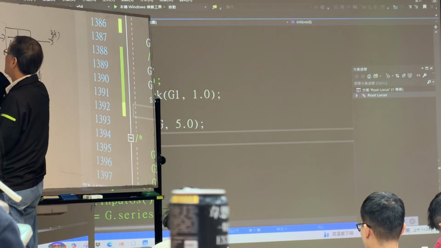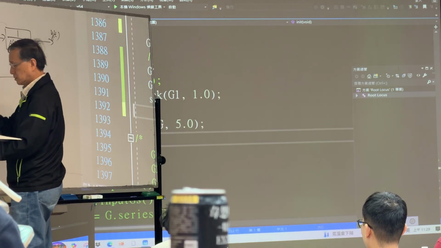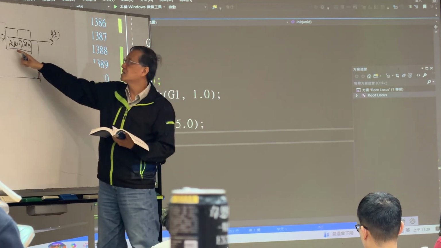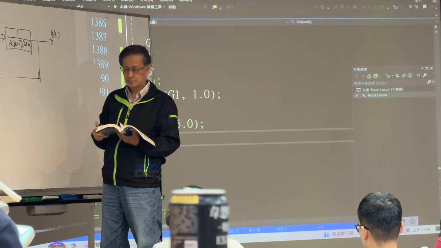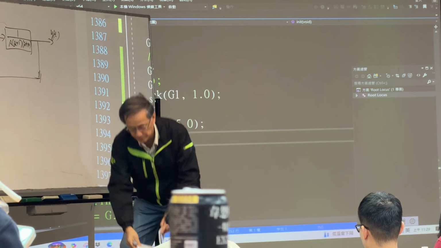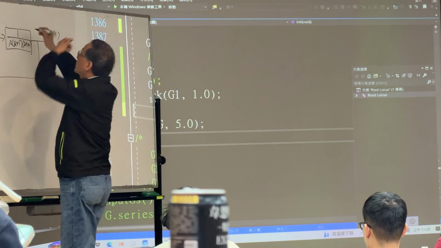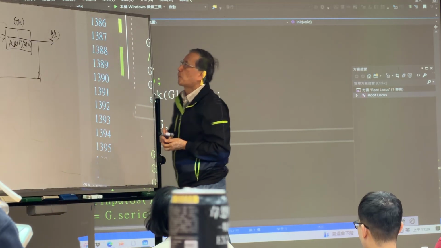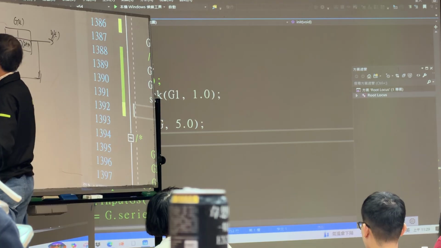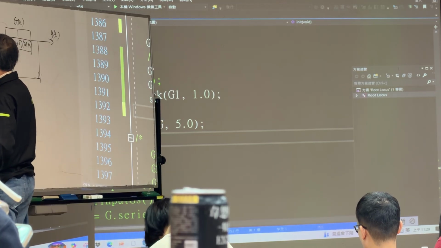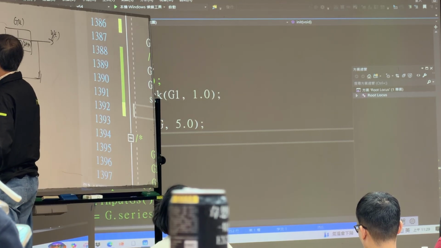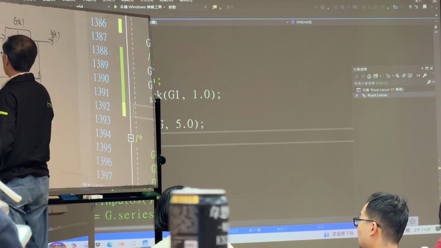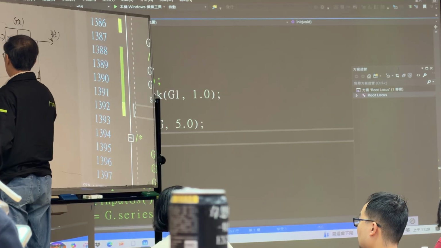If open loop, now this is S plus 1, S plus 10. Okay? This is what we call G(S) here. And we know that our output Y(S) over U(S) should be equal to KG over 1 plus KG, right?